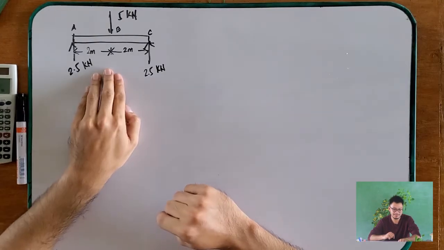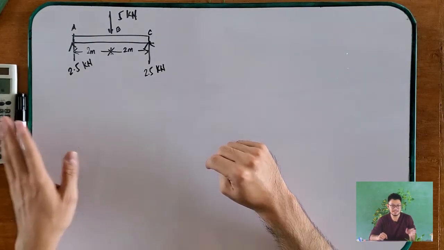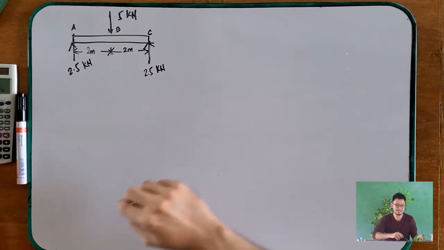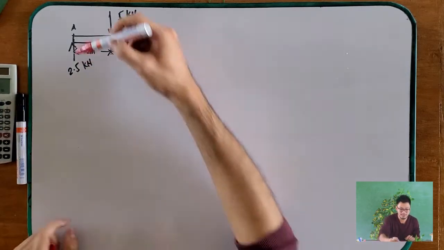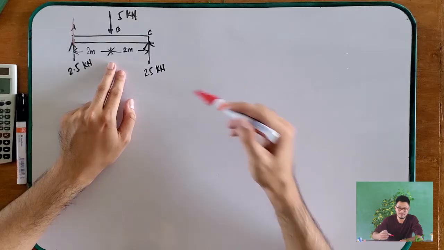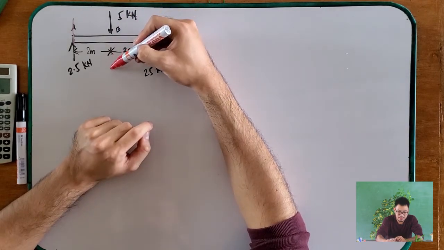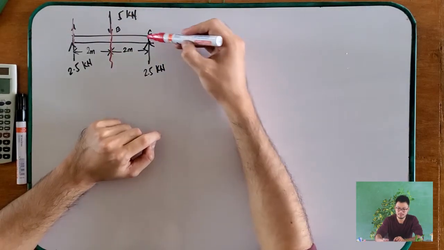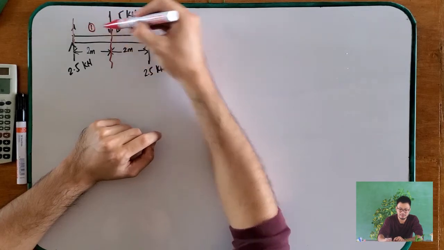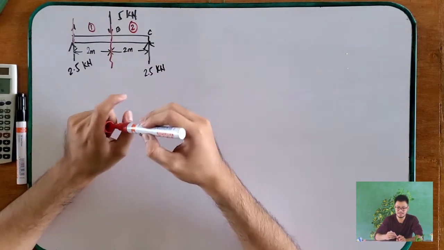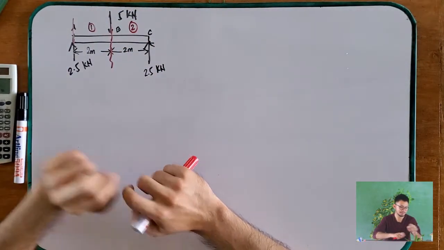In this case, since there is a change in load, of course you make a cut here, because the 5 kilonewtons of load is placed there. So of course, you will create a cut there. Therefore, you have 2 segments of this beam.